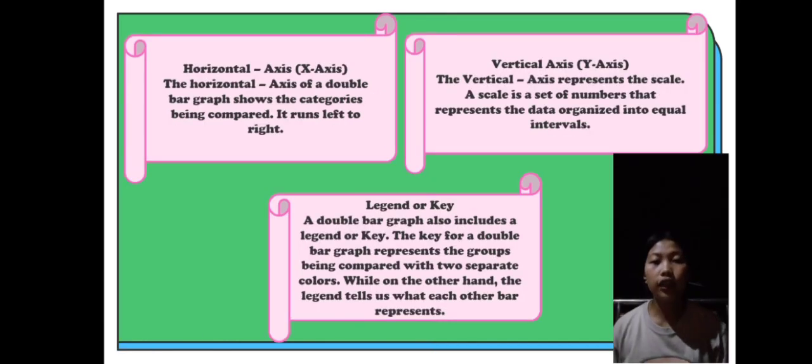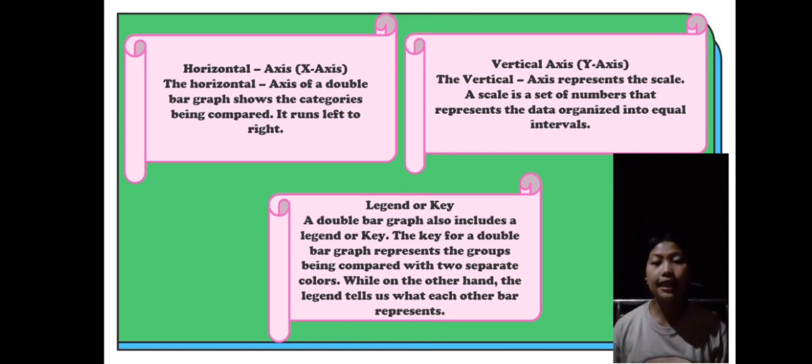Third is the horizontal axis or the x-axis. The horizontal axis of a double bar graph shows the categories being compared. It runs left to right. Next is the vertical axis or y-axis. The vertical axis represents the scale.